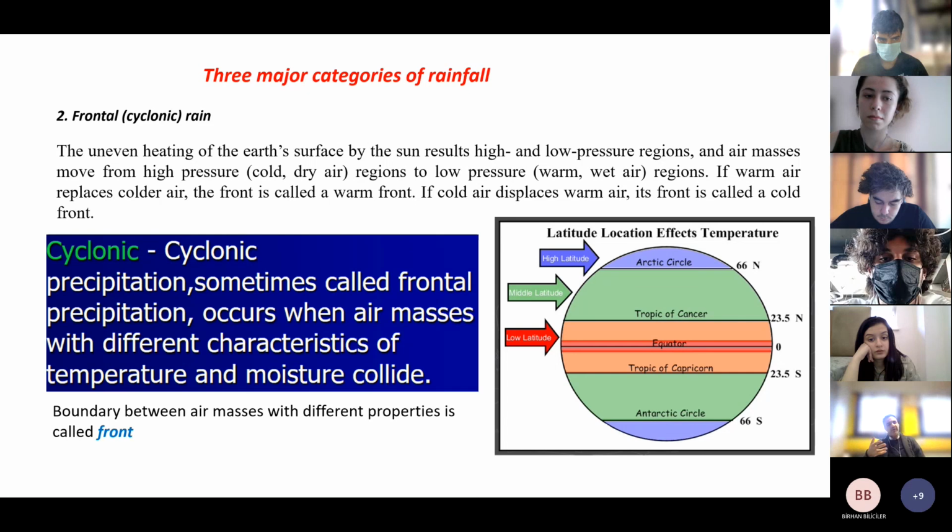Due to this displacement, we will have rising warm air, and therefore we will have rainfall.